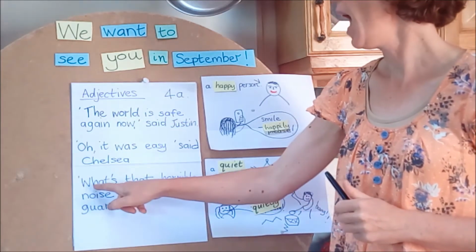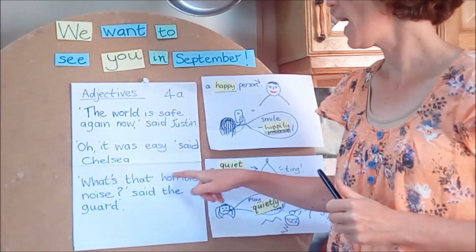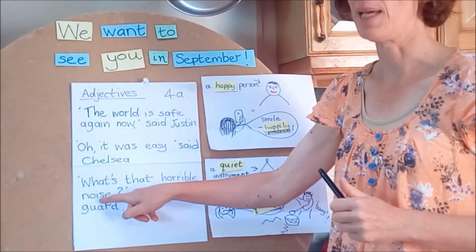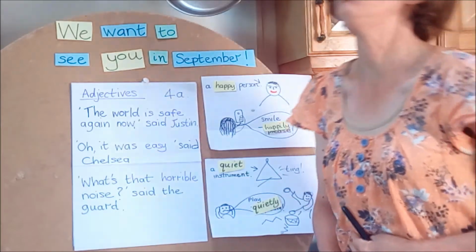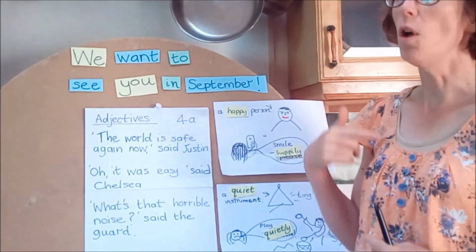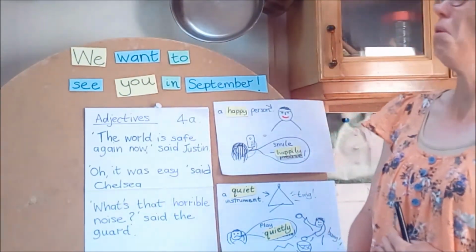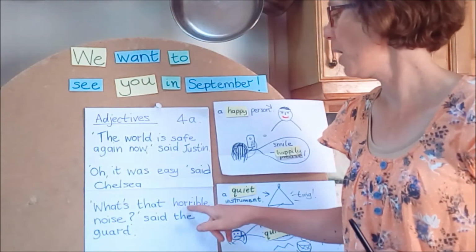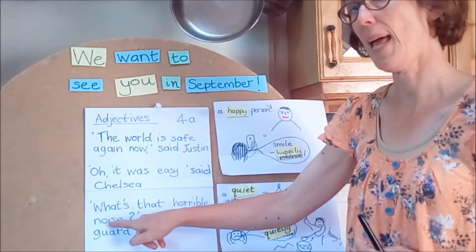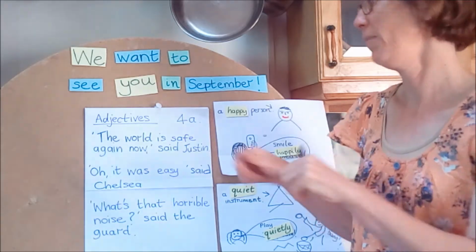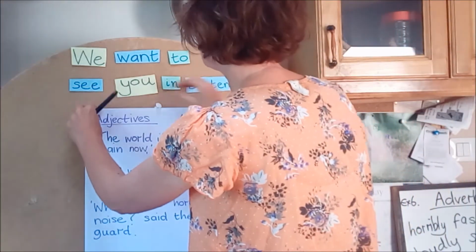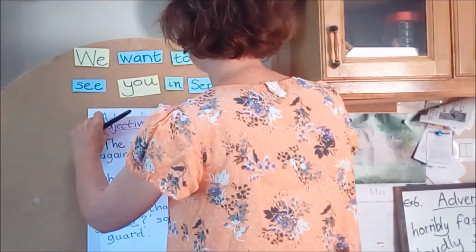This is the adjective. And a question, what's that horrible noise? That horrible noise was Justin when he had a sore stomach, wasn't it? So the noise, the sound was horrible. Very good.